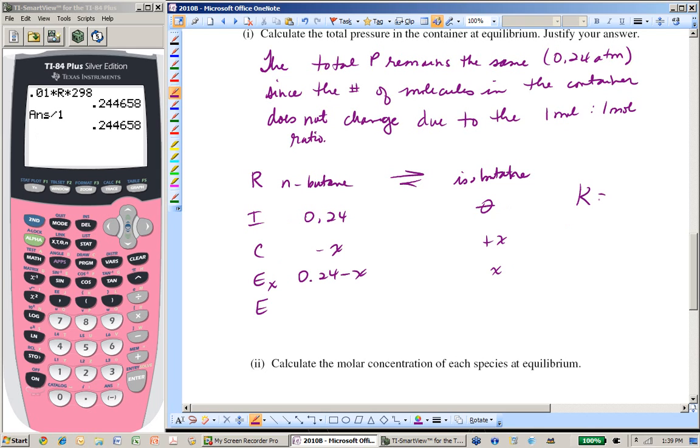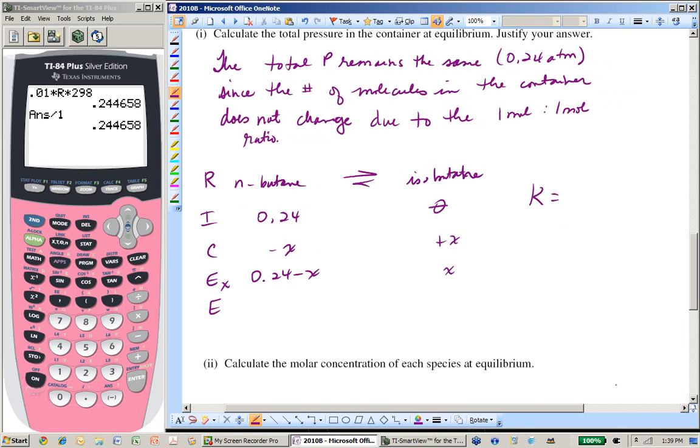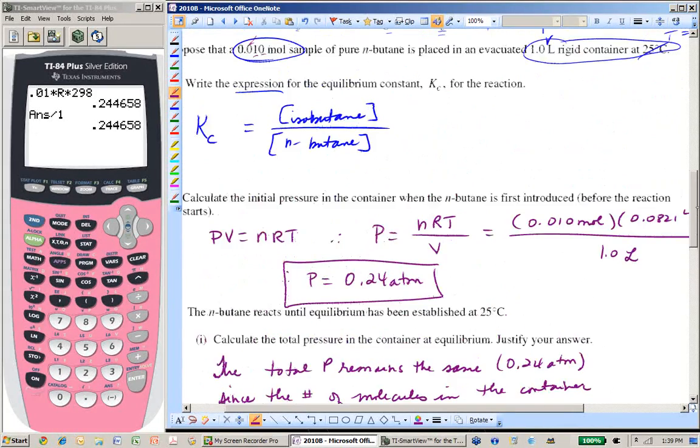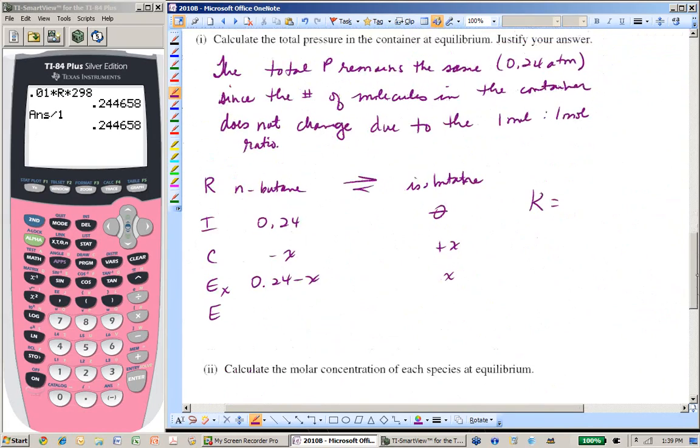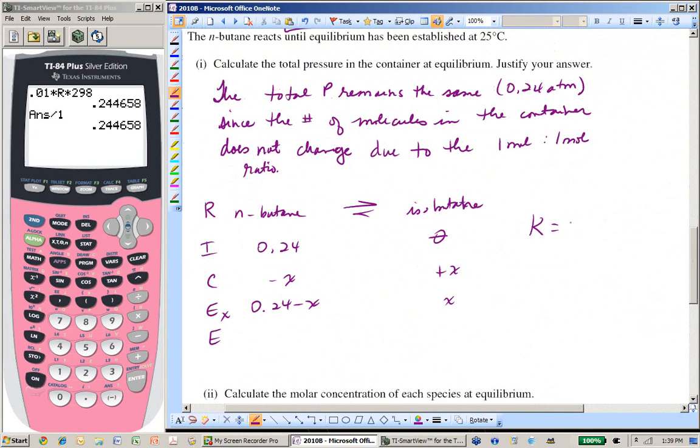In the meantime, let's do K. We just found that K was, they told us, 2.5 somewhere? Yeah, right here. K is 2.5. I also know that Kp equals Kc because there's no change in the number of moles. So even though I'm doing a Kc, it's okay to talk pressure because they're the same. Let's talk pressure because that's what they're asking me about.